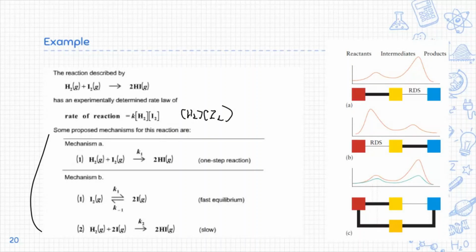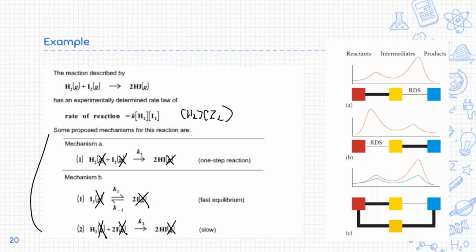I would like to mention that these mechanisms are not supposed to have any phases. So when an H2 molecule and an I2 molecule collide, that would be something we would call a bimolecular reaction.